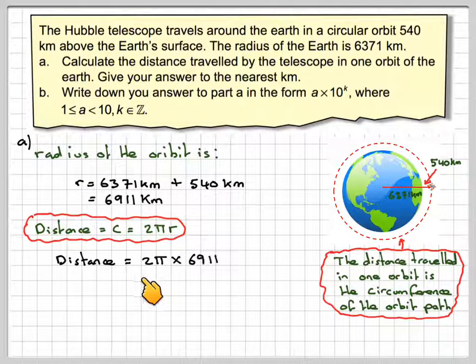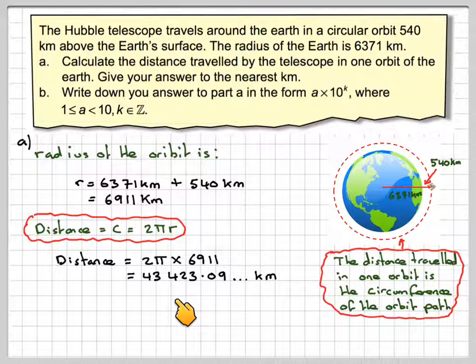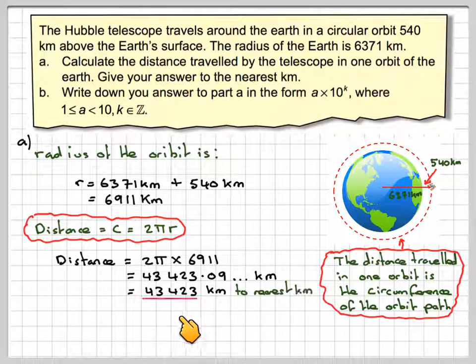So the distance is going to be 2 pi times the radius, which is 6,911 calculated from here, which is going to be 43,423.09 kilometers on my calculator. I'm told to give it to the nearest kilometer, so it's going to be 43,423 kilometers to the nearest kilometer.